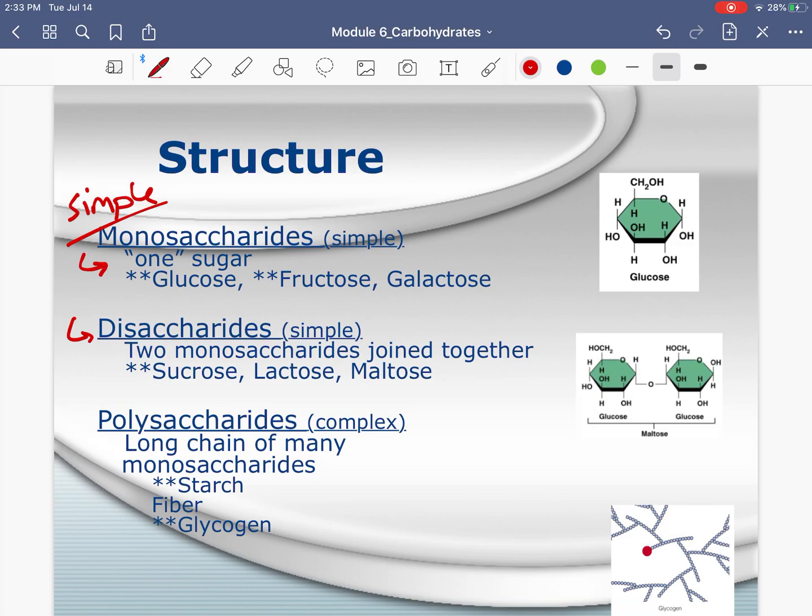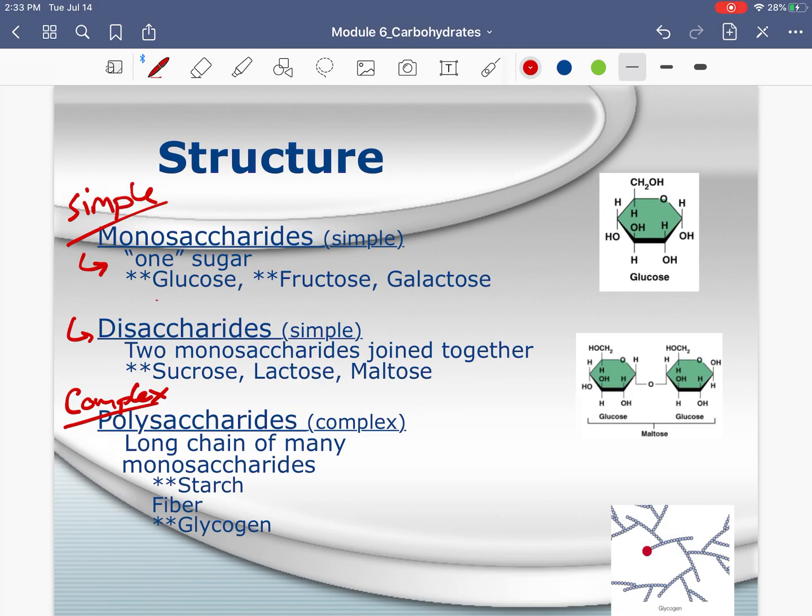And then we have complex carbohydrates, which would be many sugars joined together, or polysaccharides, because poly means many. Be able to give an example of each. And because I care about you so much, to make sure that we're clear, I've put stars beside the ones I would like you to know.